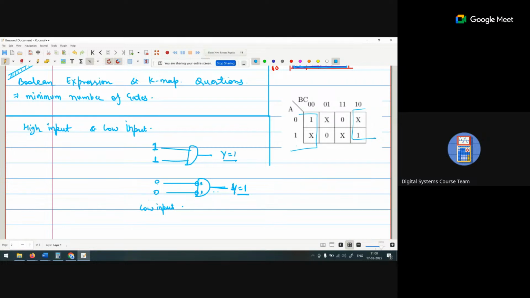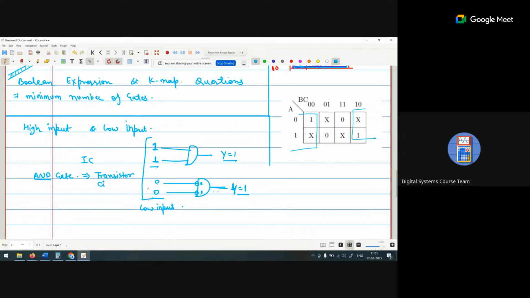Okay. Now, why will this particular 1 and 0 be considered? This is all dependent on IC technology. The component that we design, say an AND gate, is basically nothing but a transistor circuit.